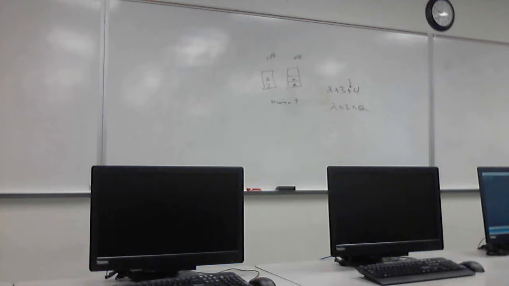When the incoming is a plus, and there's a plus on top of the stack, right here. Okay, so the incoming is a plus, and what's on top of the stack is a plus.